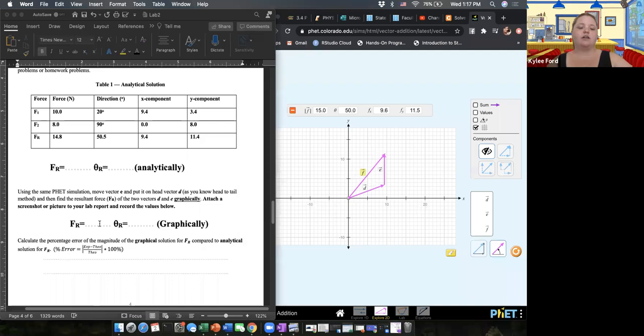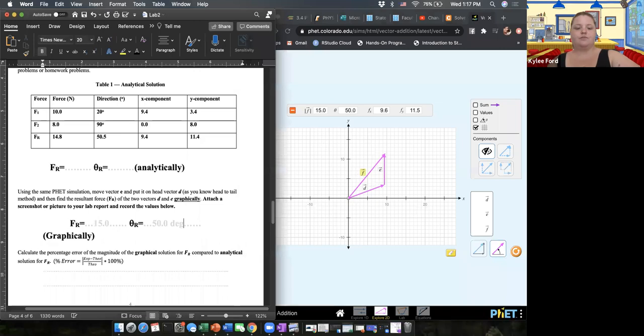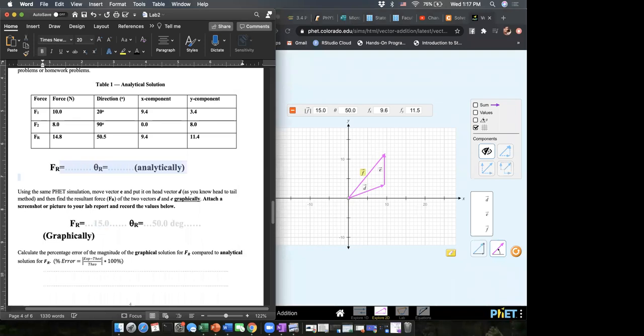So right here, we have 15 as our magnitude, and our direction is 50 degrees. Okay, so now we have our graphically solved and analytically solved.